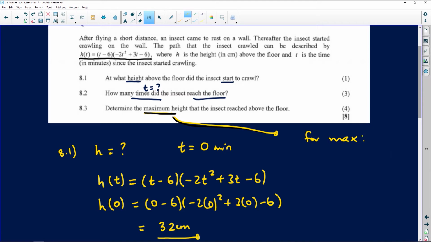So for that particular model, we're going to find the derivative and equate the derivative to 0, because this insect will neither be going up nor down. So the rate of change of its height will simply be equal to 0. Maximum is a very important word, particularly in calculus. If you want to figure out maximum or minimum, you need to know that the derivative at those points is always equal to 0.